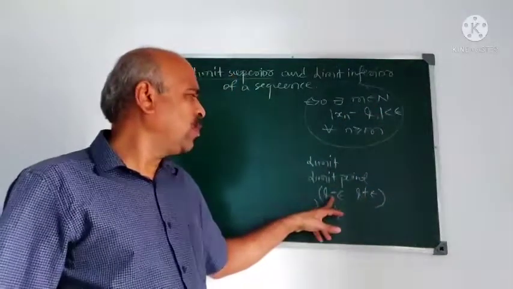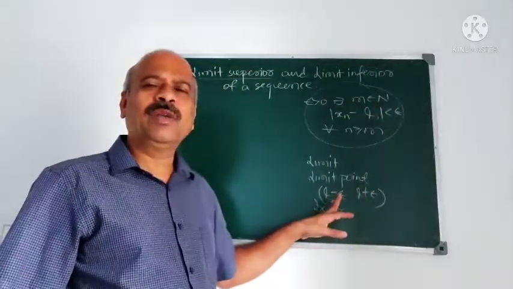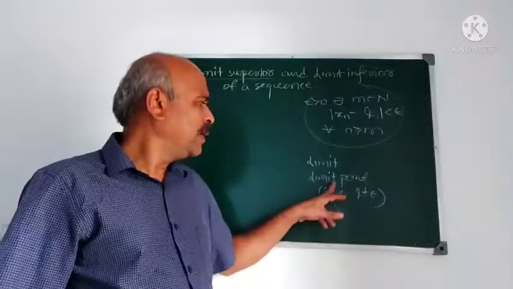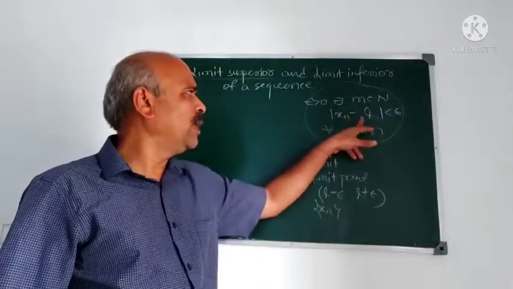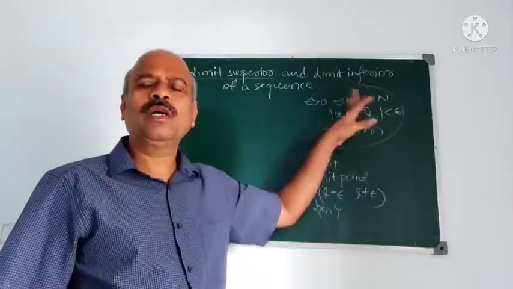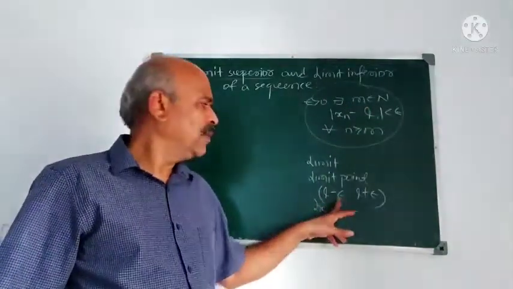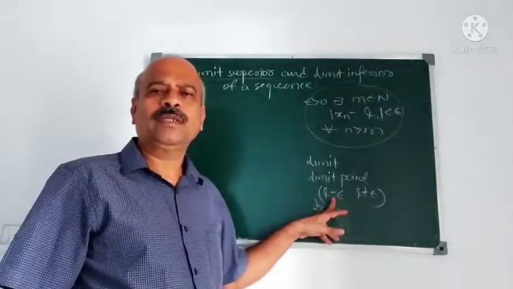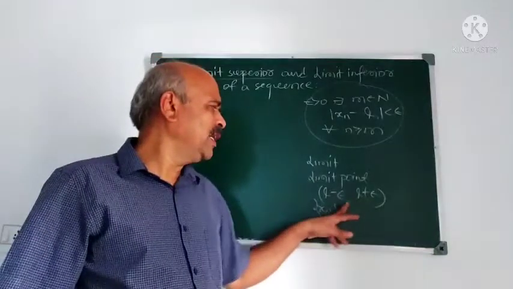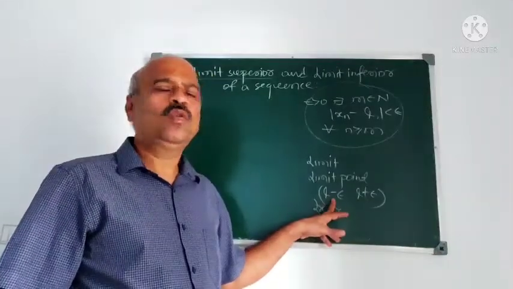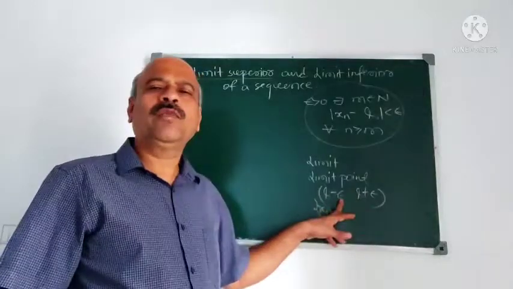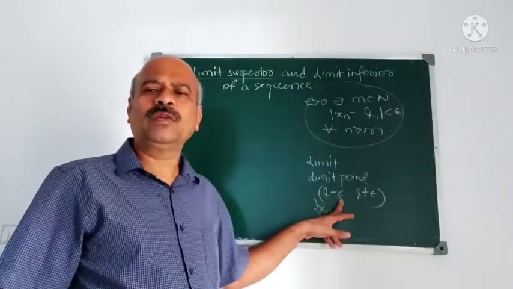Here limit point is slightly different, because if there is a unique limit point for a sequence, then this is called limit of a sequence. A given sequence may have many limit points, because there exist many real numbers whose neighborhood contains infinitely many terms of the sequence.